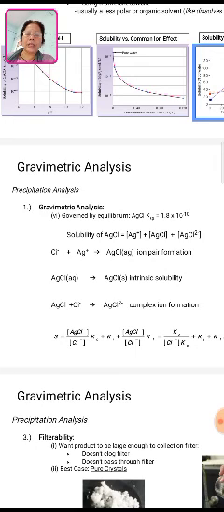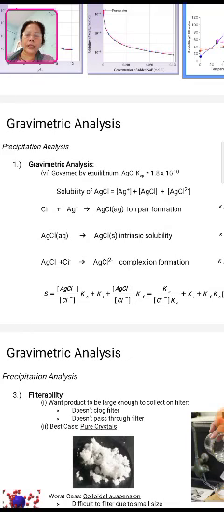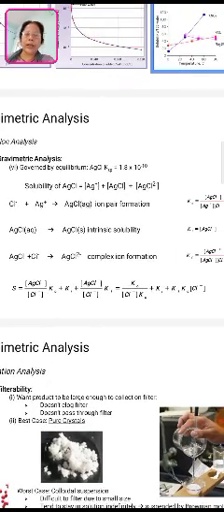AgCl aqueous in equilibrium with AgCl solid gives the intrinsic solubility. AgCl plus Cl minus forms AgCl2 minus, a complex ion, and therefore the solubility is given by K0 plus K1 plus Kf times K0 over Cl minus.